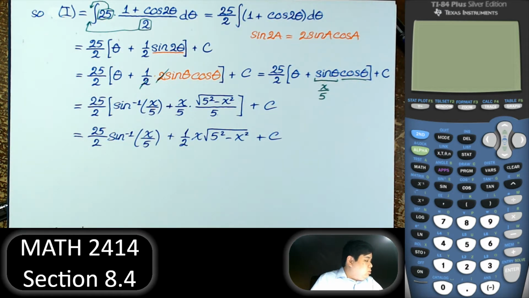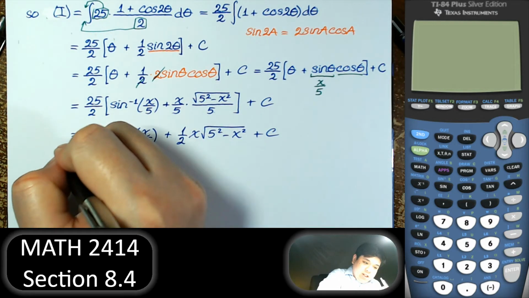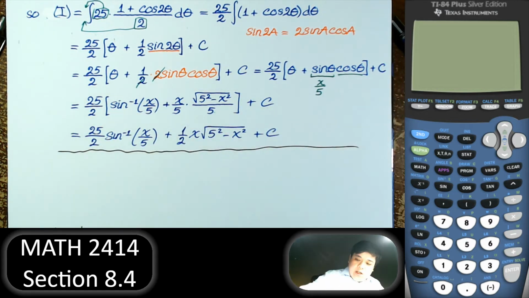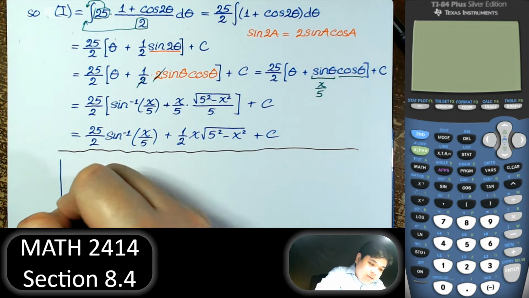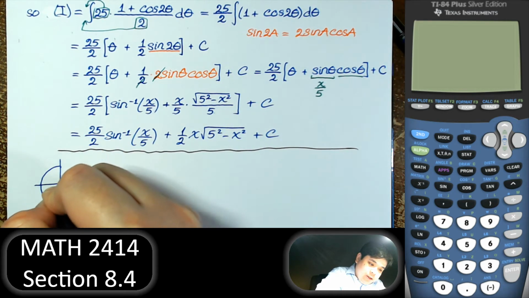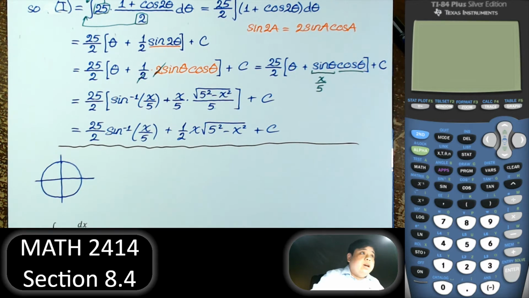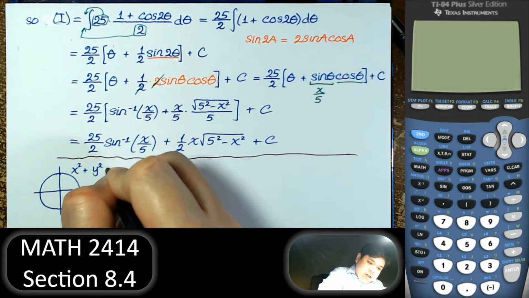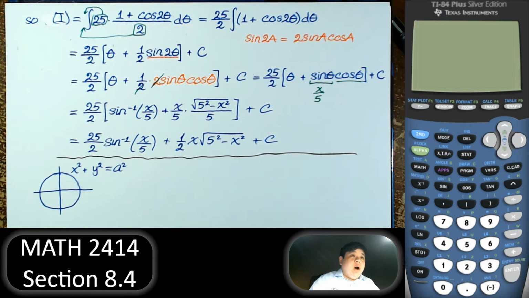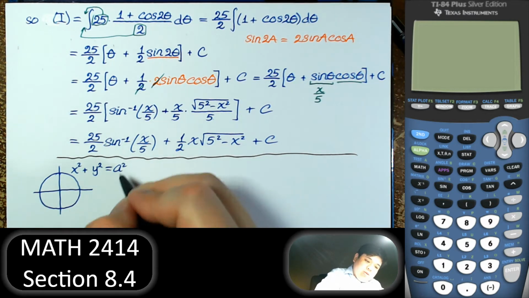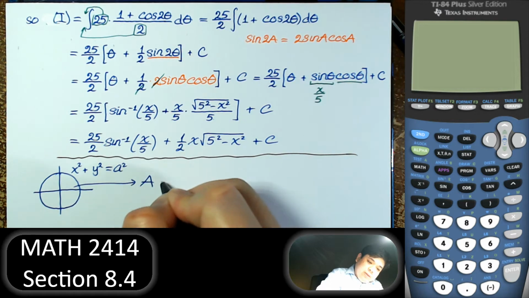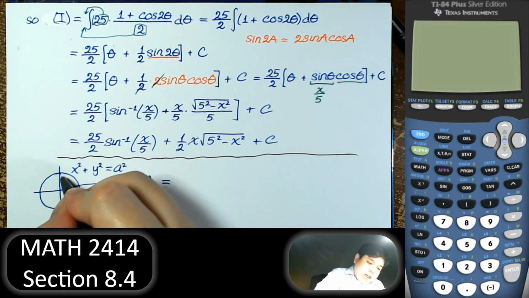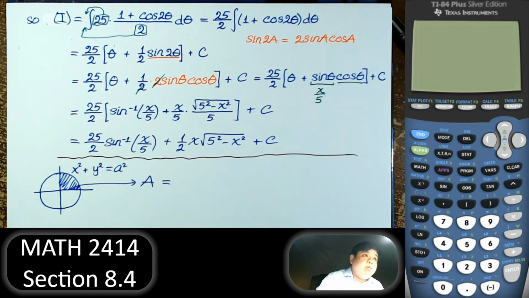Now the nice thing about this is that this formula is used to find the area. Just want to write a little note here. When we have a circle, x squared plus y squared equal to a squared, if we want to find the area of this, it is going to be equal to this segment times 4, right?